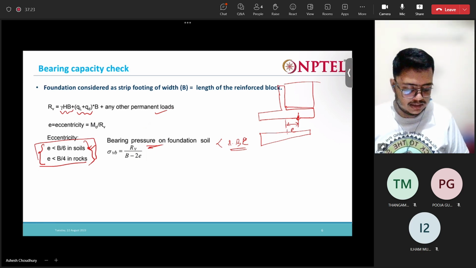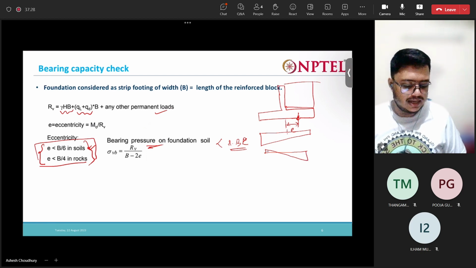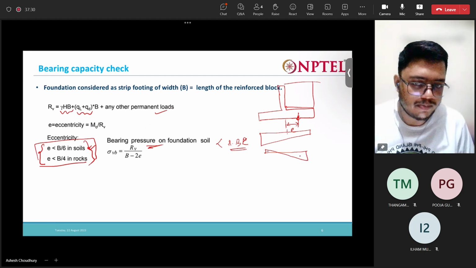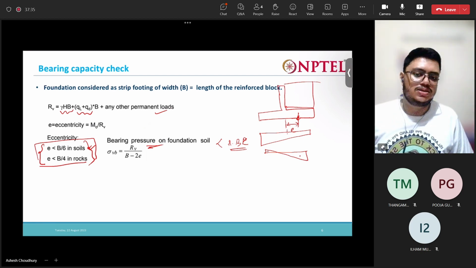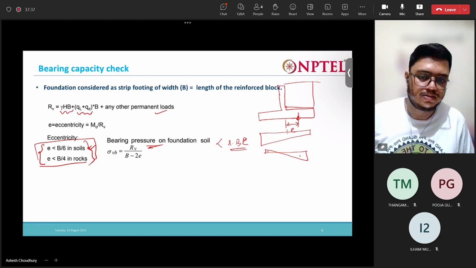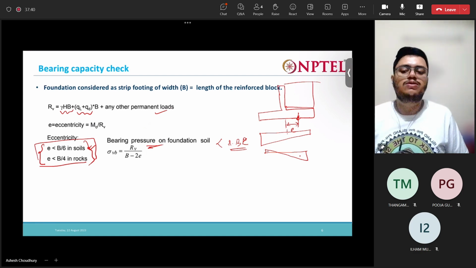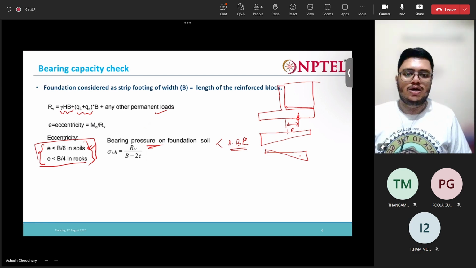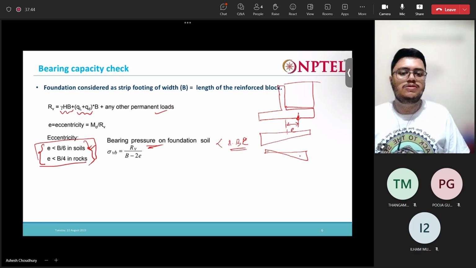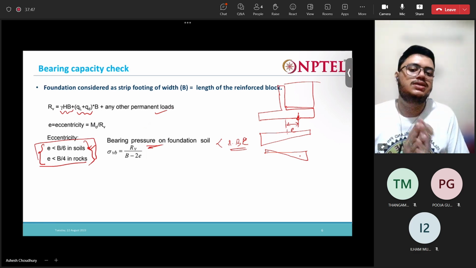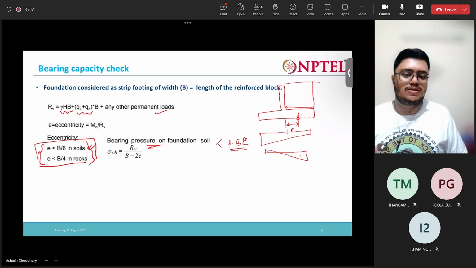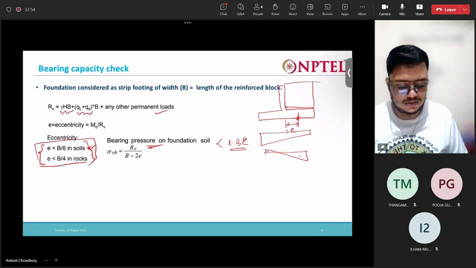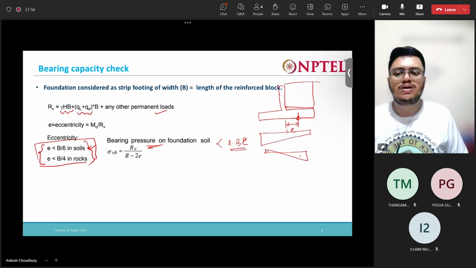There is a tendency for tensile forces to come into play. And as you all know, soil is weak in tension, right? Soil cannot take tension. So we should prevent that. That is the reason we check for this eccentricity, so that all the pressure coming below the foundation is compressive in nature. That is why we do this eccentricity check.